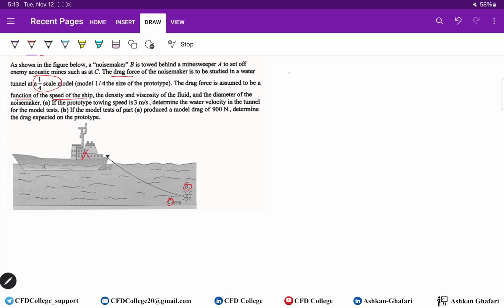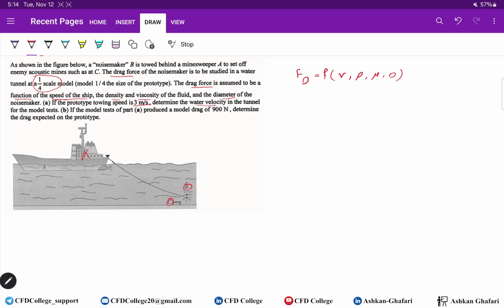So the drag force is a function of speed of the ship, velocity, density and viscosity of the fluid, rho and mu, and the diameter of the noisemaker, d. If the prototype towing speed is 3 meters per second, determine the water velocity in the tunnel for the model test.